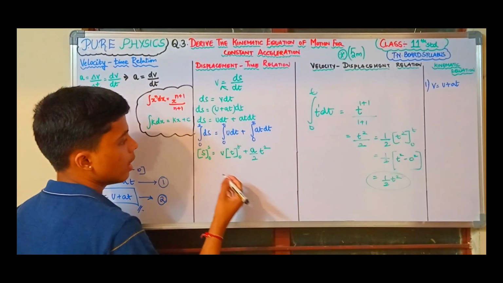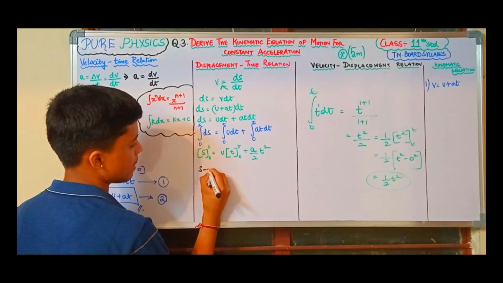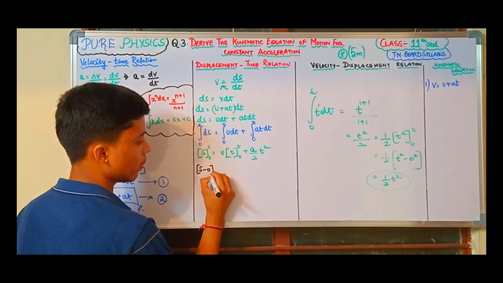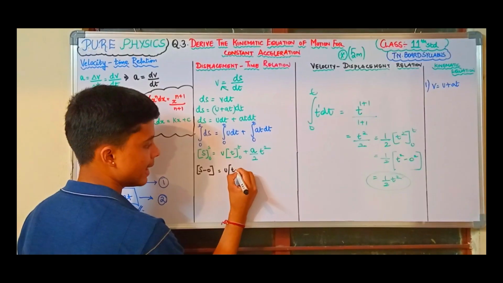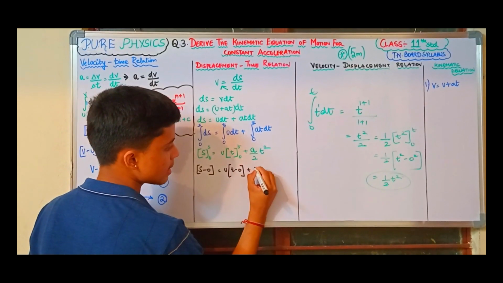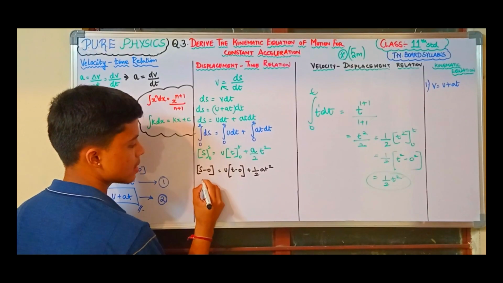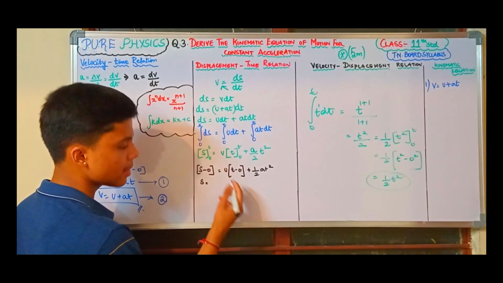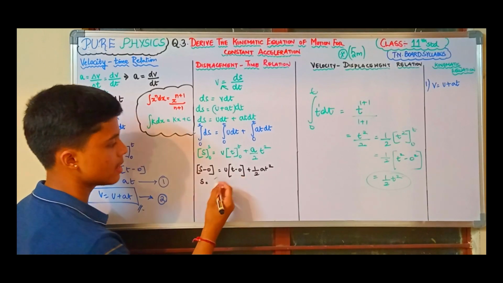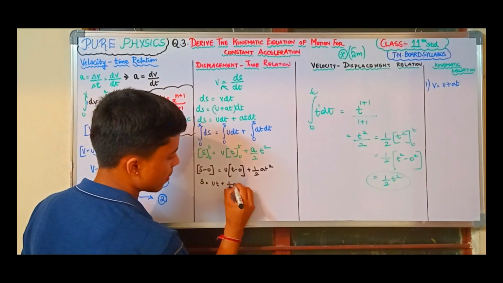Is it right? I'll continue with the limits. When you apply the limits for s, you will write it as s minus 0, upper limit minus lower limit, is equal to u times upper limit minus lower limit, plus half at square. So s minus 0 is always s, which is equal to u into t minus 0, which is t. When you multiply u with t, you will get ut plus half at square.